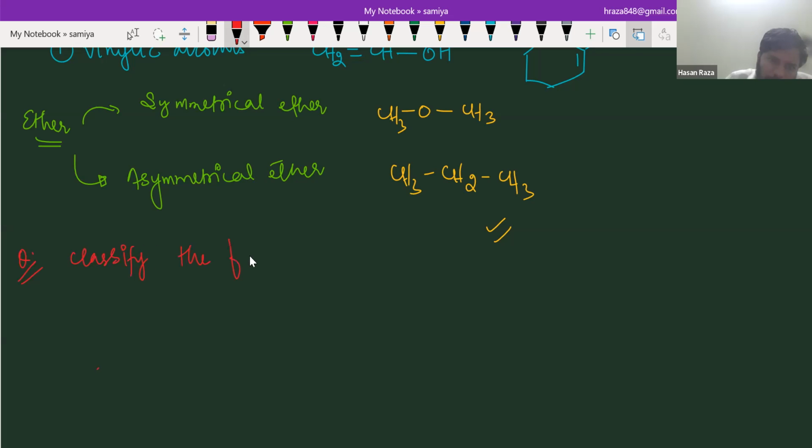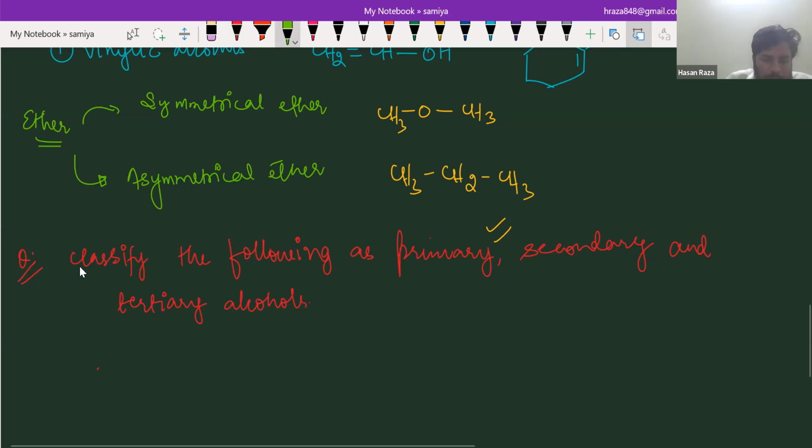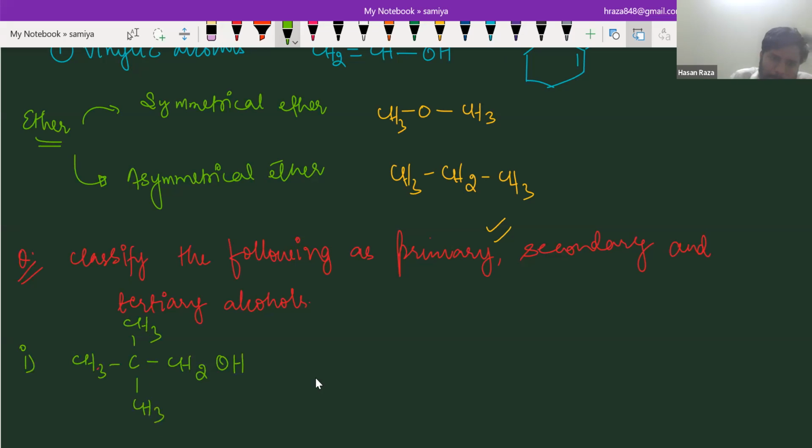Classify the following primary, secondary, and tertiary alcohols. I'm going to give you a very basic question. You can easily do this. Please let me know when you are done with ether.